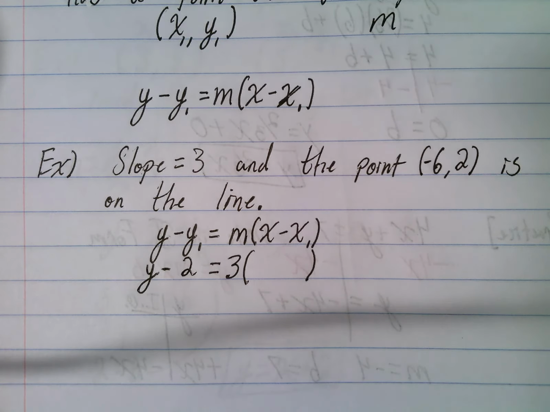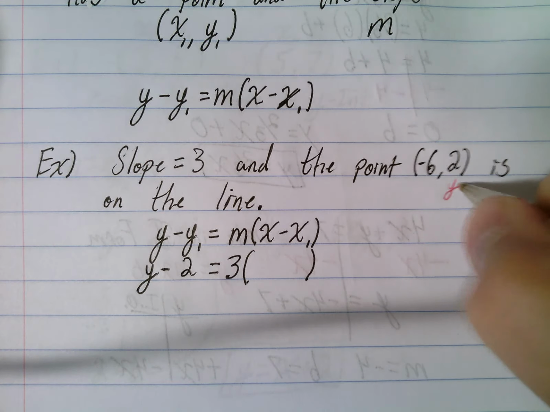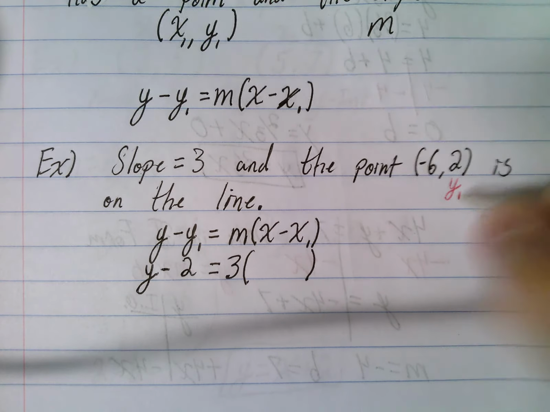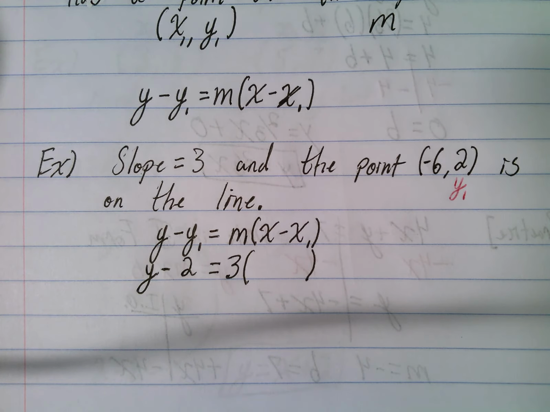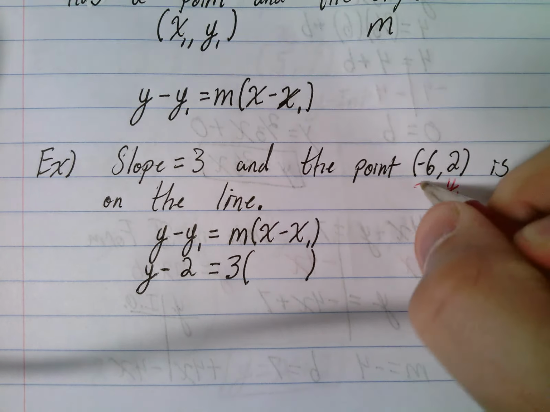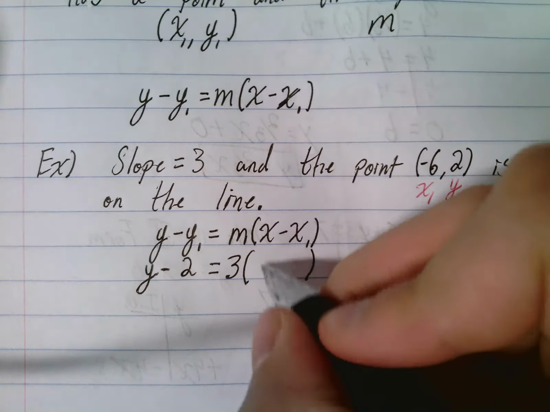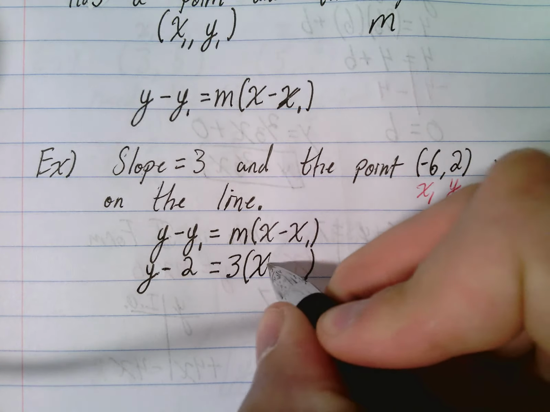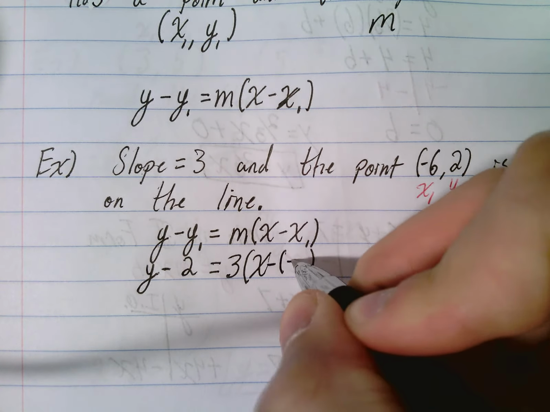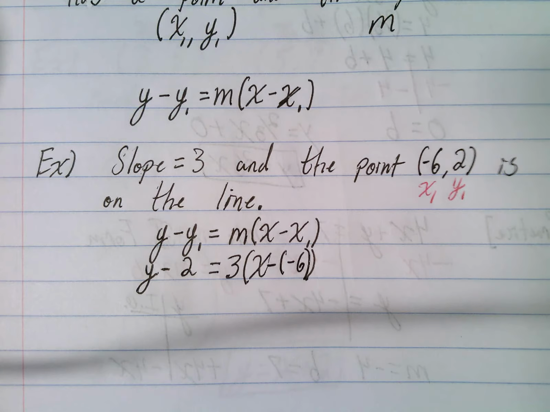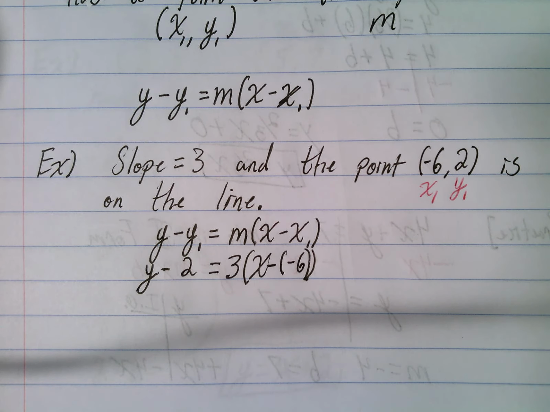So our y1 here is 2. What is my x1? -6. So my x comes down as well, and I do minus -6. And there, that's it in point-slope form.